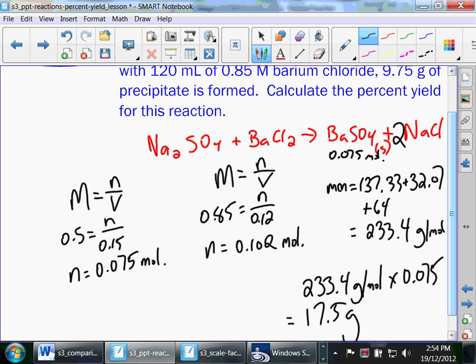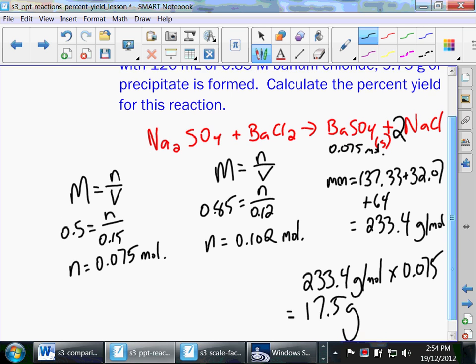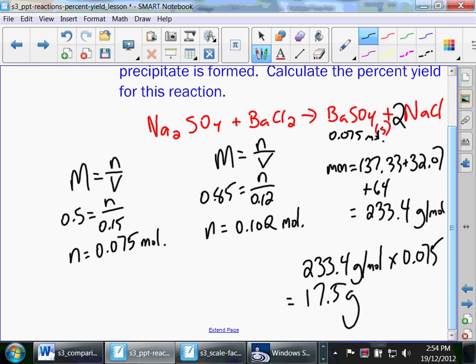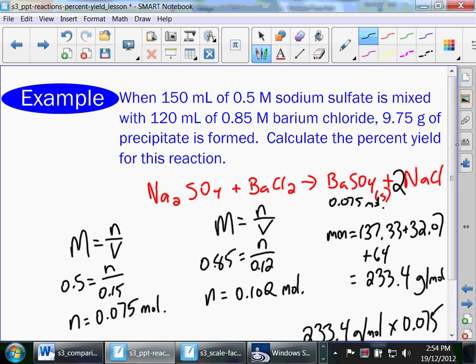How much did form, according to the question? Theoretically, how much did form, though? This is how much we should theoretically get. How much did we actually get? Yeah, 9.75.